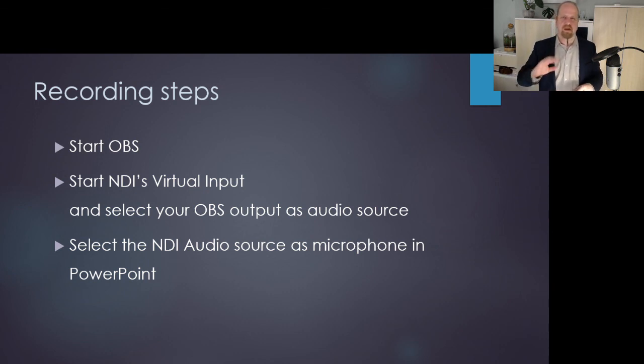Once you've set that, that typically remains set, so you don't need to do that every time, but just double check that you've got the right setting applied. And then in PowerPoint, once you start PowerPoint, you simply then select your NDI audio source, and that then links basically to your microphone with the noise filter.